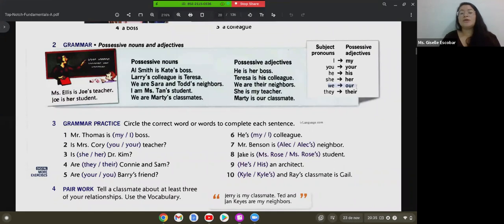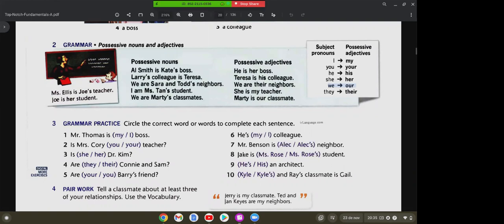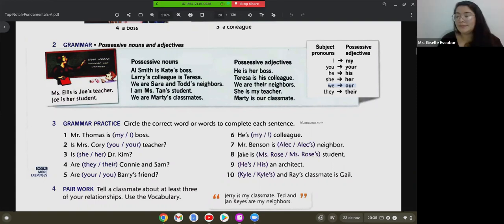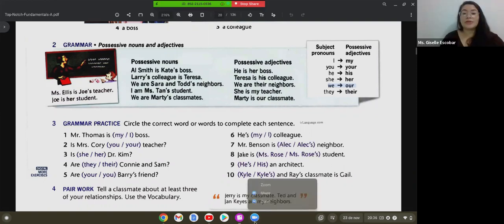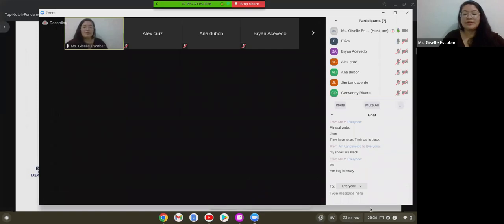We. Our. Anna is our classmate. Anna is our classmate. Perfect.